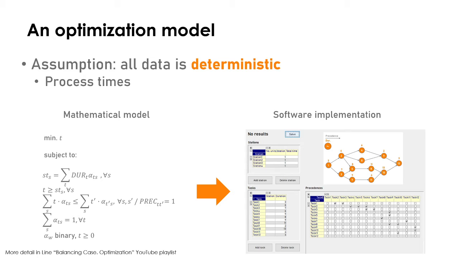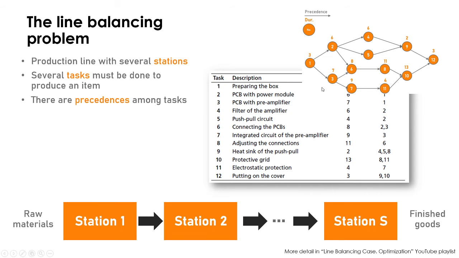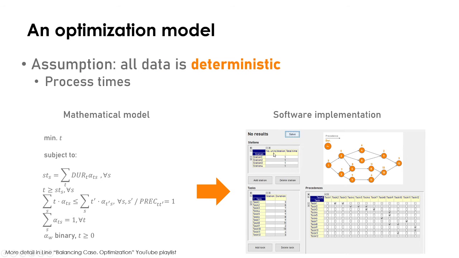So amplifiers and all the resources involved are so that we can assume that this is the case. Let's go back for a minute, the time to put the cover is 3 minutes, no matter what amplifier we are assembling.